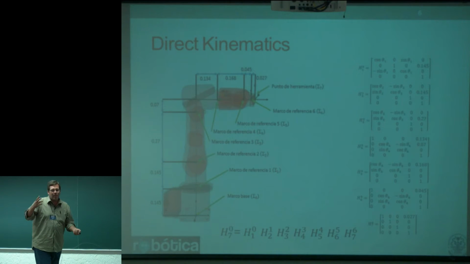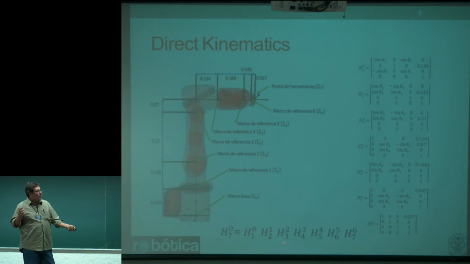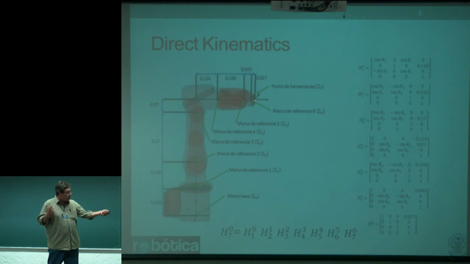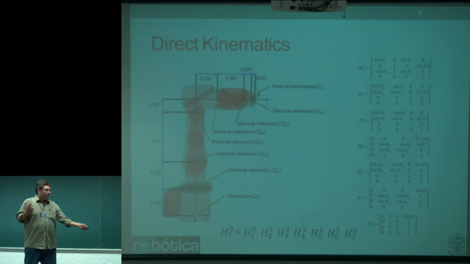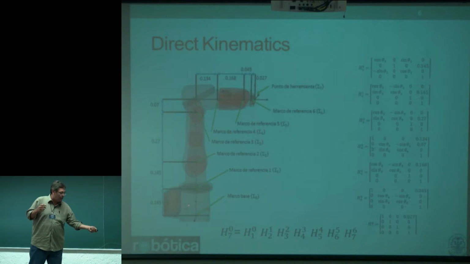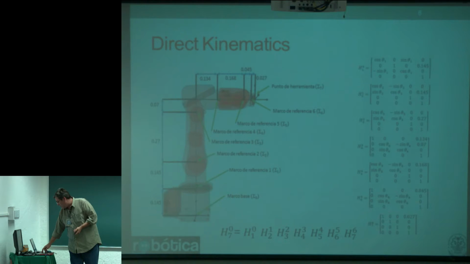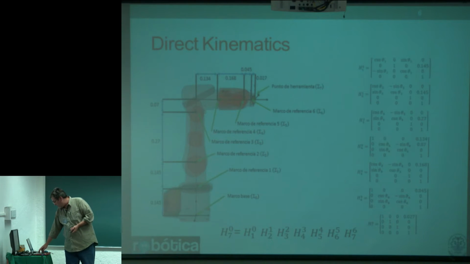And the magic comes when you simply multiply these and you obtain the position and orientation of the final frame with respect to the initial frame, or base frame. So those are the basic tools for forward kinematics.